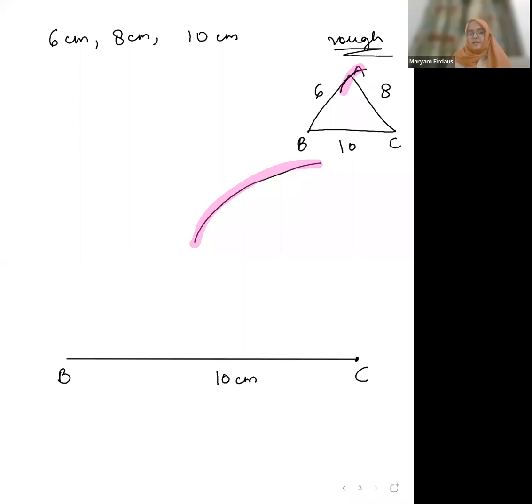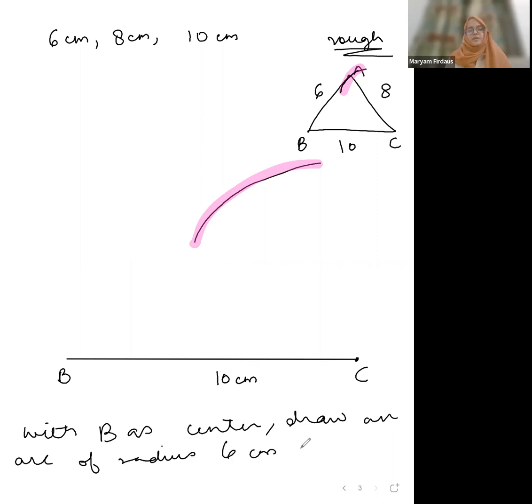I'm going to write it here so that it becomes easy for you to remember these words. With B as center, draw an arc of radius 6 centimeters intersecting the previous arc. Okay, so we take an arc and we draw this.